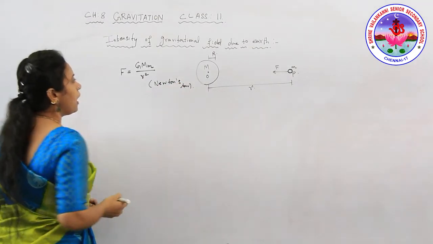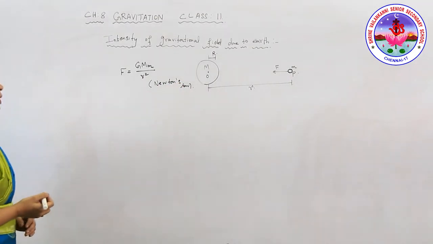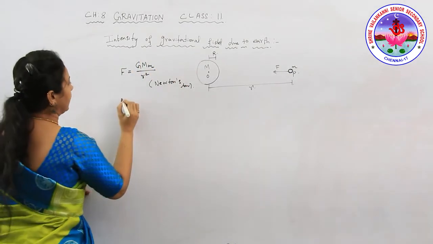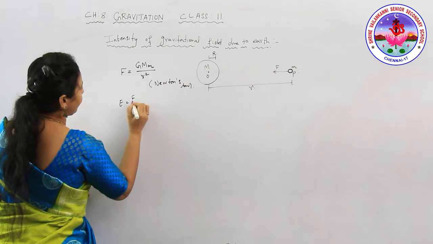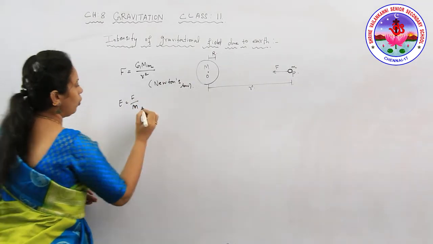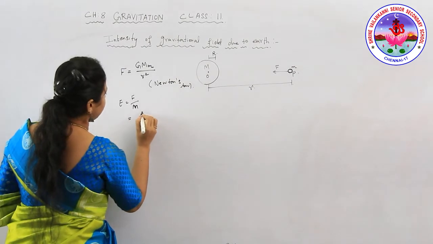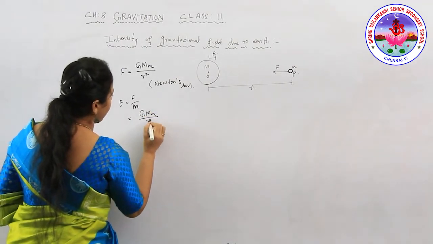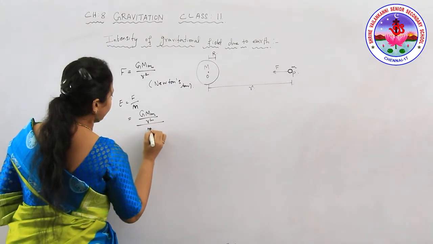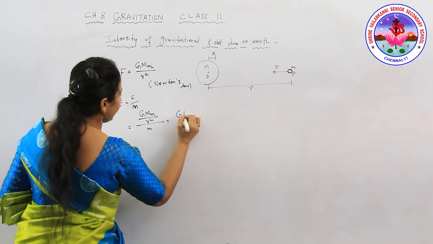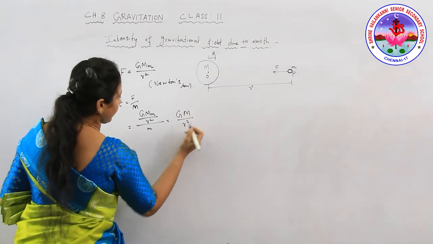As we know, the intensity of gravitational field E is equal to F by m, right. Now the value of F is G M m by r square, whole divided by m. Got it? Then you will get G M by r square.